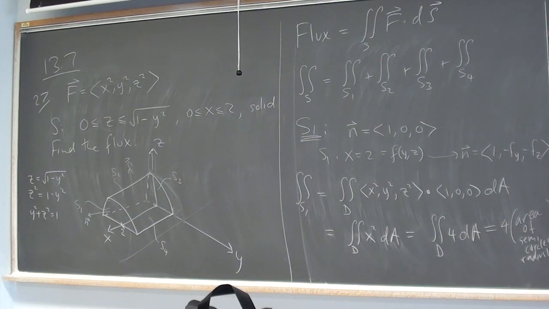So this is the double integral of y cubed over the radical of 1 minus y squared plus z squared, but z was this, so this is just 1 minus y squared.